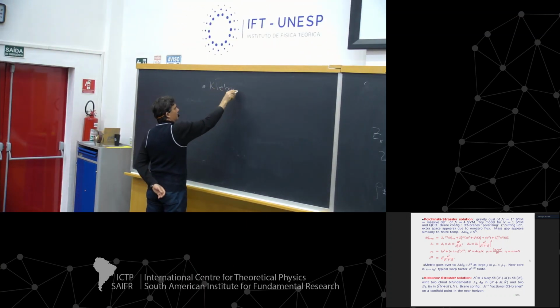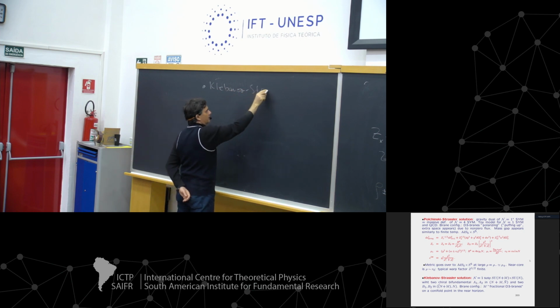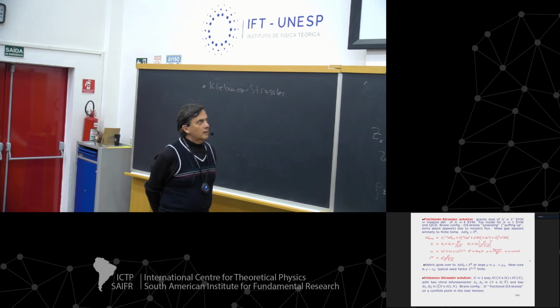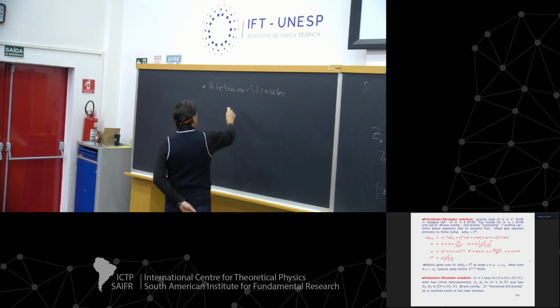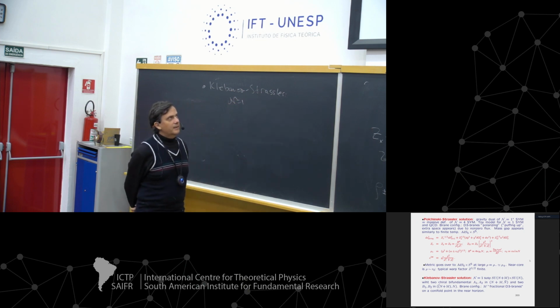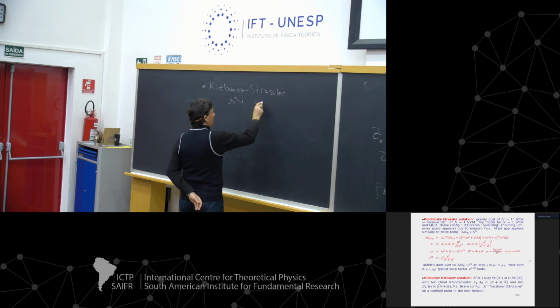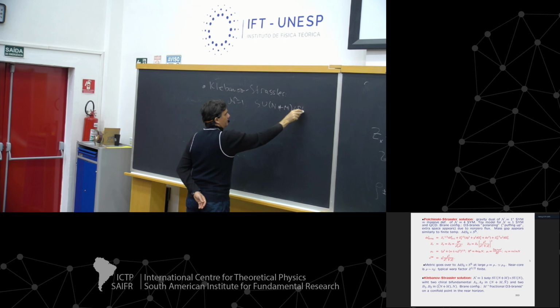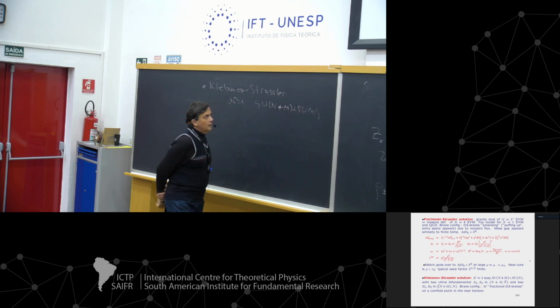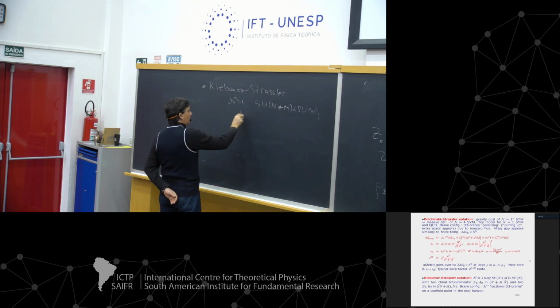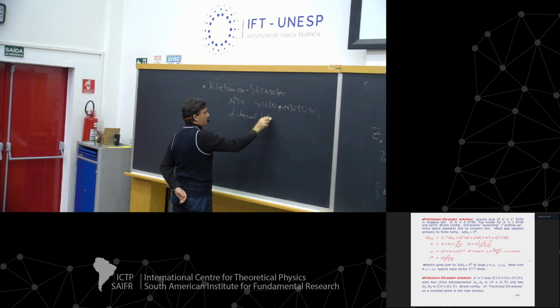Klebanov-Strassler, which is n equal 1 supersymmetric, but not SU(N), but rather SU(N+M) cross SU(N) with chiral bifundamentals.